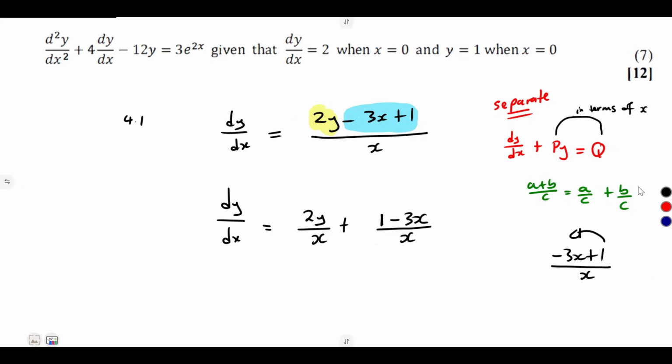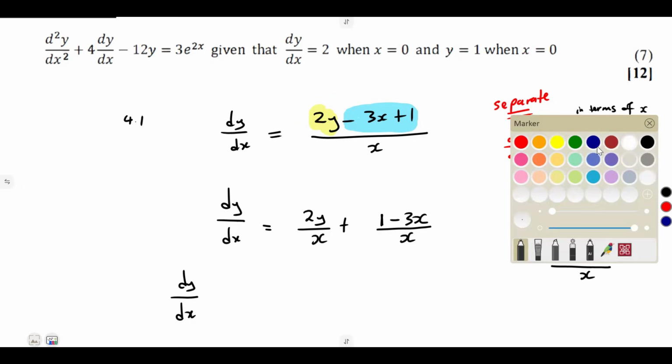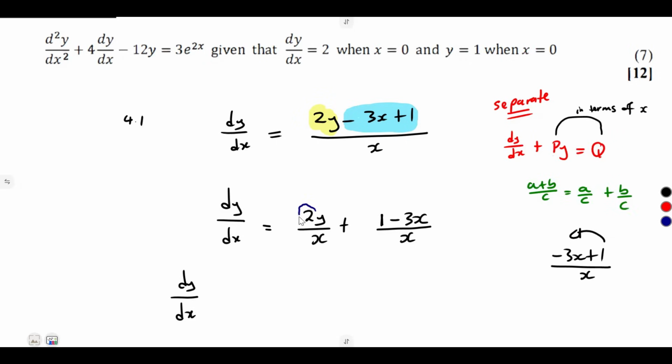So separating now, because we need this format, dy/dx plus py, we are going to take this part which is having y, 2 over x times y, to the left hand side. So it will be a negative, so that's plus the negative 2 over x, with the y there.